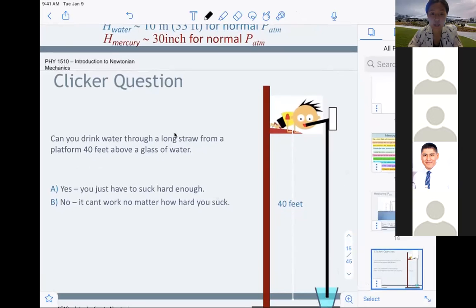So I'm going to go ahead and let you vote on this. Notice that the two choices are choice A and B. I'm seeing some C answers, so I assume that you meant B. There's no C answer.